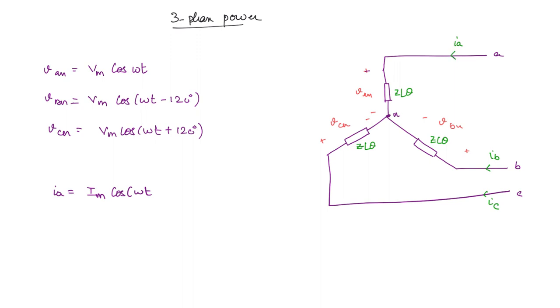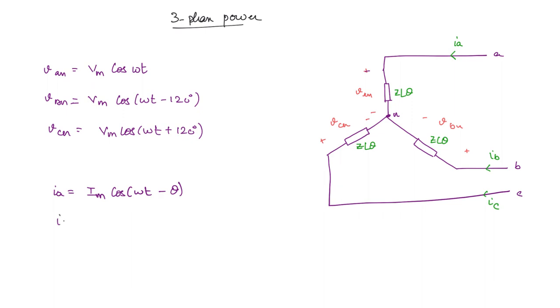It is going to be lagging the voltage by theta degrees, so you can write minus theta. If theta is negative, that is a capacitive load, then iA will automatically come as leading. For now, if the angle is theta, then the phase of iA will be minus theta. So that's why we are writing iA is equal to Im cos(omega t minus theta).